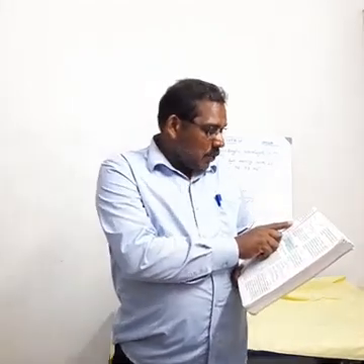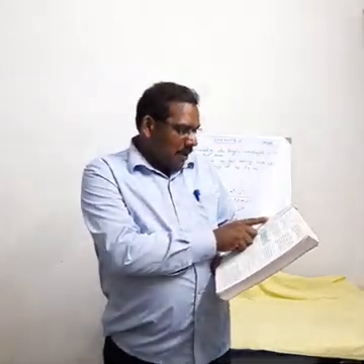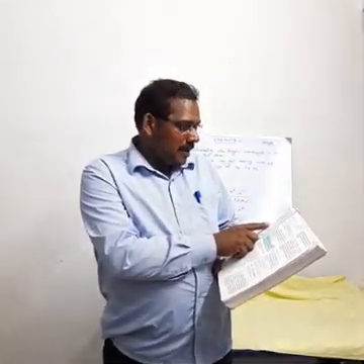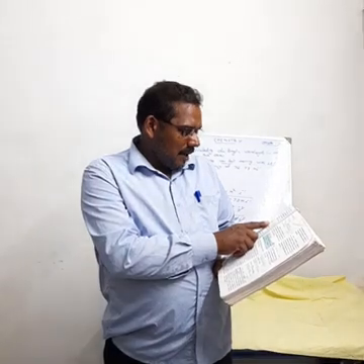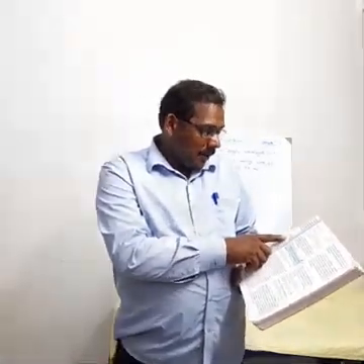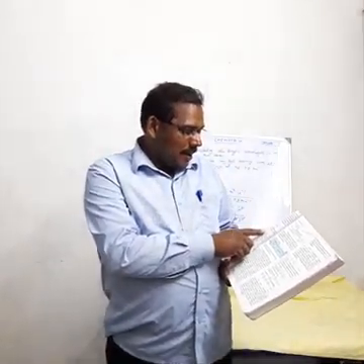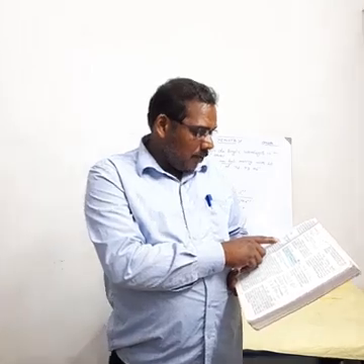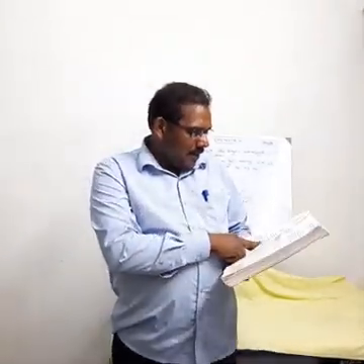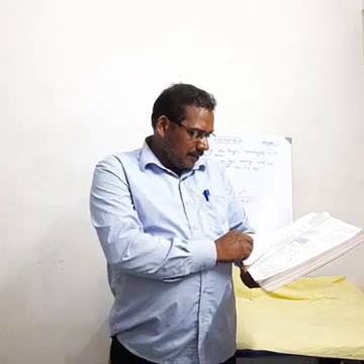It is impossible to accurately determine both the position and the momentum of a microscopic particle simultaneously. Up to that much. And the next one, the formula: delta x into delta p is equal to or greater than h by 4 pi, where delta x and delta p are the uncertainties in determining the position and the momentum respectively. That much. One of the 3-mark questions.